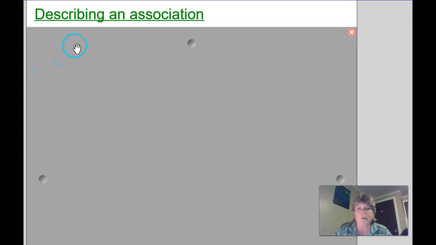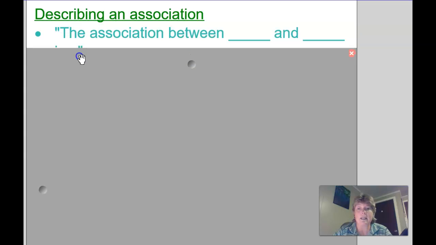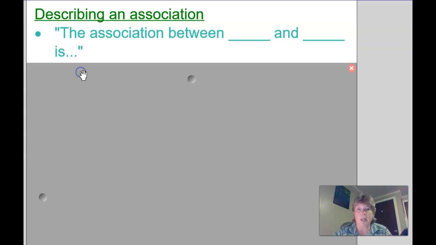What you want to talk about in context is the association between blank and blank. And these will be filled in with whatever your two quantitative variables are. So for your temperature data, you will start off saying something like the association between the average monthly temperature in Ithaca and the average monthly temperature in, I don't know, Florence, Italy is. And then you'll talk about the following things.